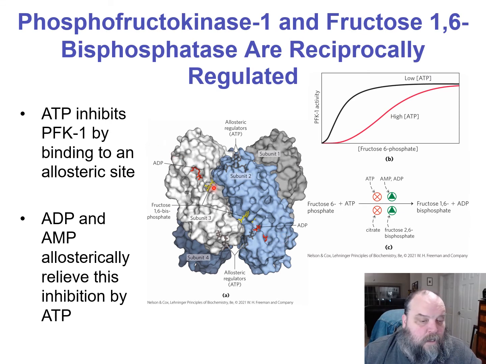So you can look here, binding site for ADP, allosteric regulator site for ATP. So they can work against each other, as you see here. Going from fructose 6-phosphate to fructose 1,6-bisphosphate, which is what PFK1 does, ATP inhibits, AMP and ADP push through.